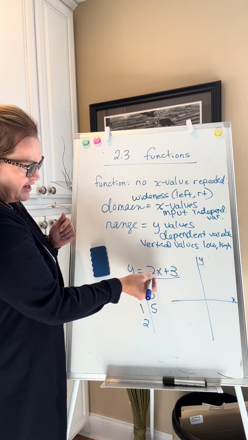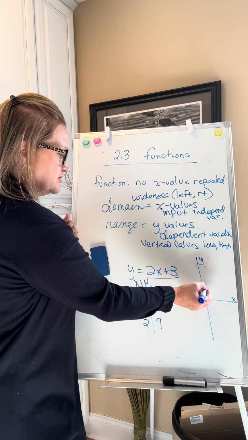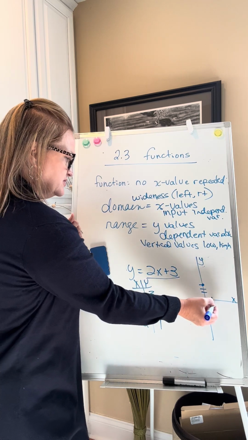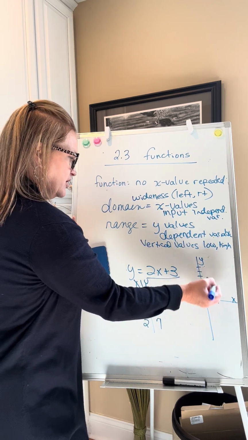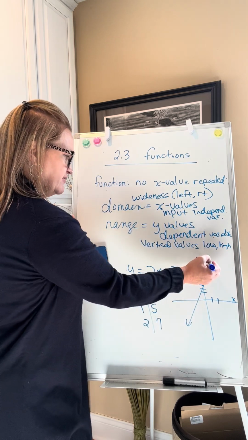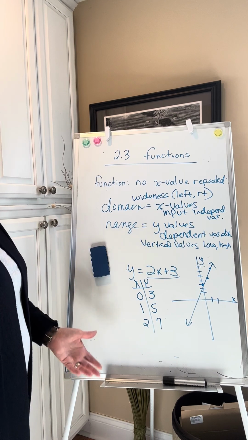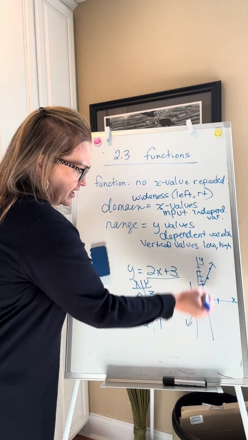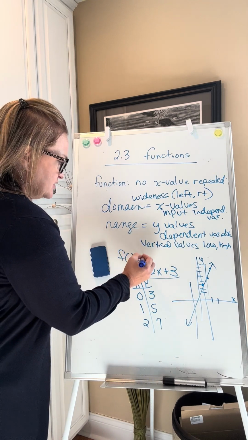We plug in for X, multiply, and then add 3. We get some values, plot those solutions, and then connecting your dots gives the graph of our line. It's definitely going to pass the vertical line test. If we draw the vertical line, nothing is repeated, so it's certainly a function, so we can call it f of x equals.